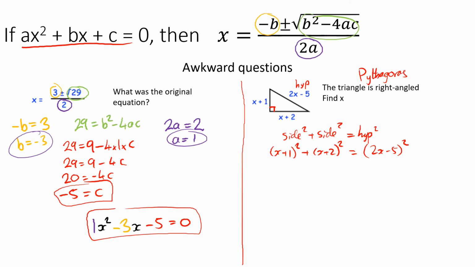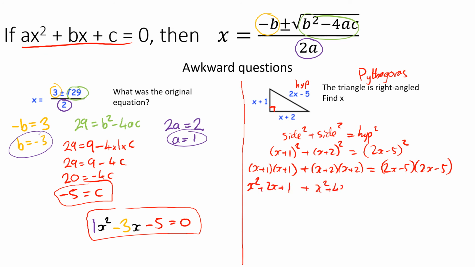So what we actually have to do is expand all of these brackets. So we'd have to write them out properly. If we've got an x plus 1 squared, that means there's two x plus 1 brackets. And the same would be true for all of these. So we would have to expand this all out. So let's do that quickly. Again, you probably want to use a little bit more lines than I'm using, but I'm conscious of time.